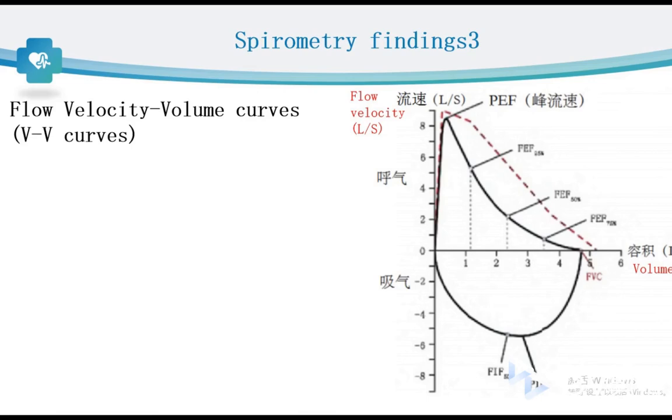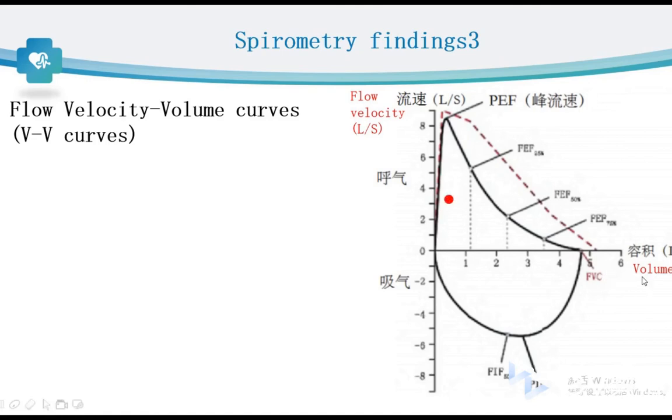And what will change in COPD patients? Let's have a guess. Firstly, let's try to recall that the COPD patients usually get expiratory dyspnea, right? So the PEF will decrease. Let's mark here.